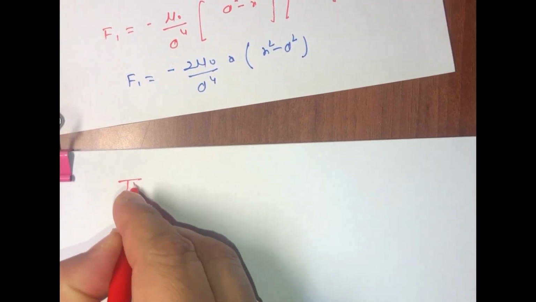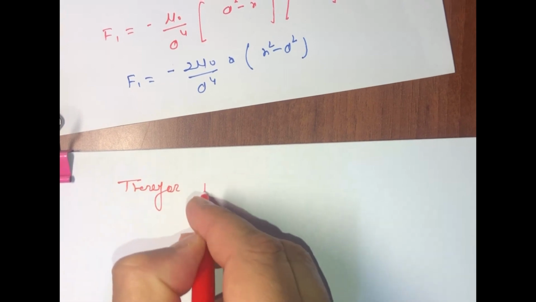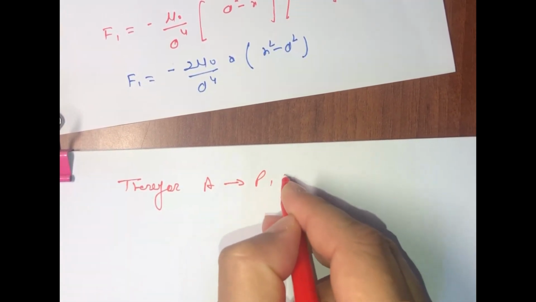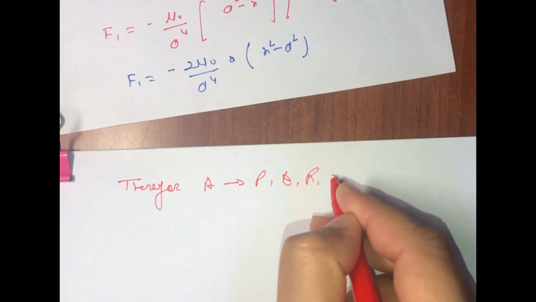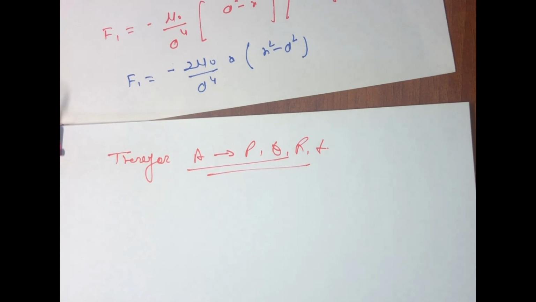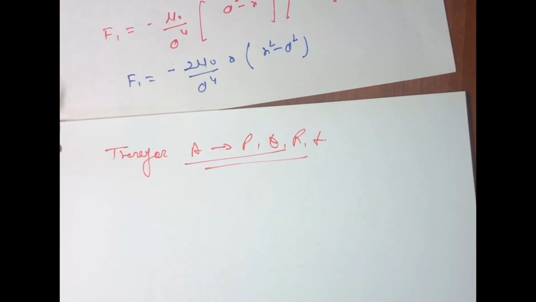Therefore A will have the options of P, Q, R and T. Similarly, we can solve for part B also.